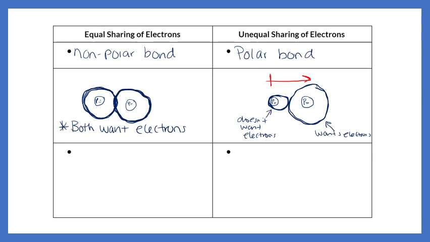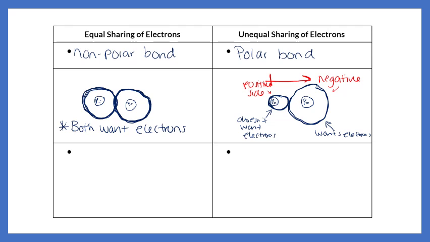Okay? So this side is the negative side. And this side, you see that little plus? This side is the positive side. Okay? So it makes a partial charge. So we've got our positive side, which is that atom, and our negative side, which is that atom.